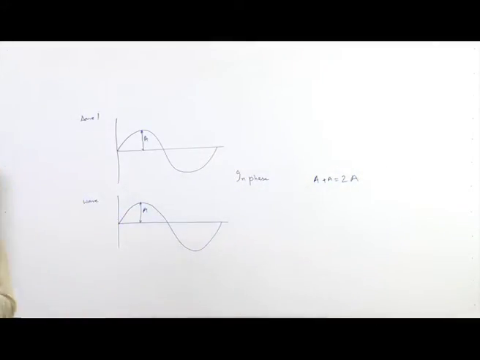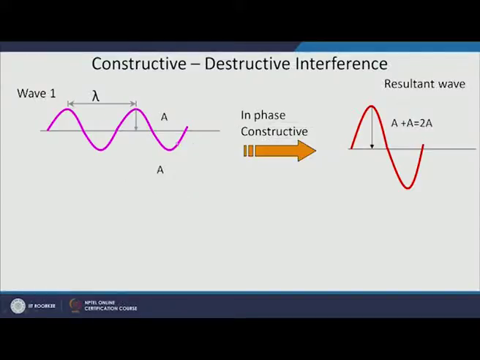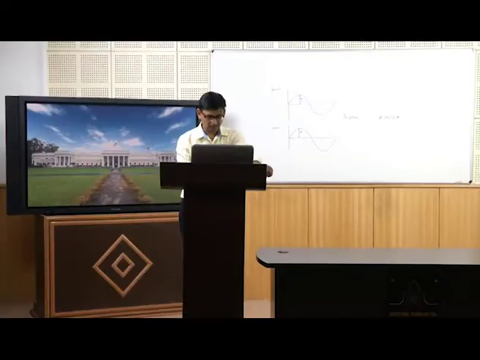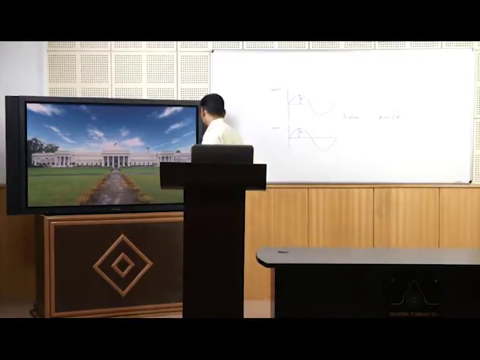So, when you have in phase interaction or interference between two waves, then we have a constructive interference and you will have a magnitude which is the summation of both the amplitudes, okay. But if we have a third wave, okay, but now it is not in phase, okay.